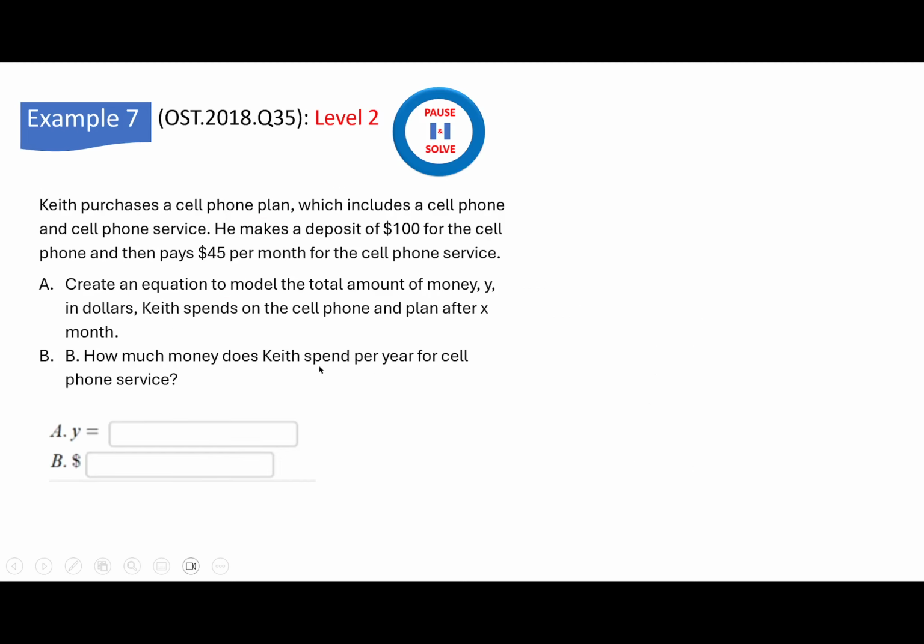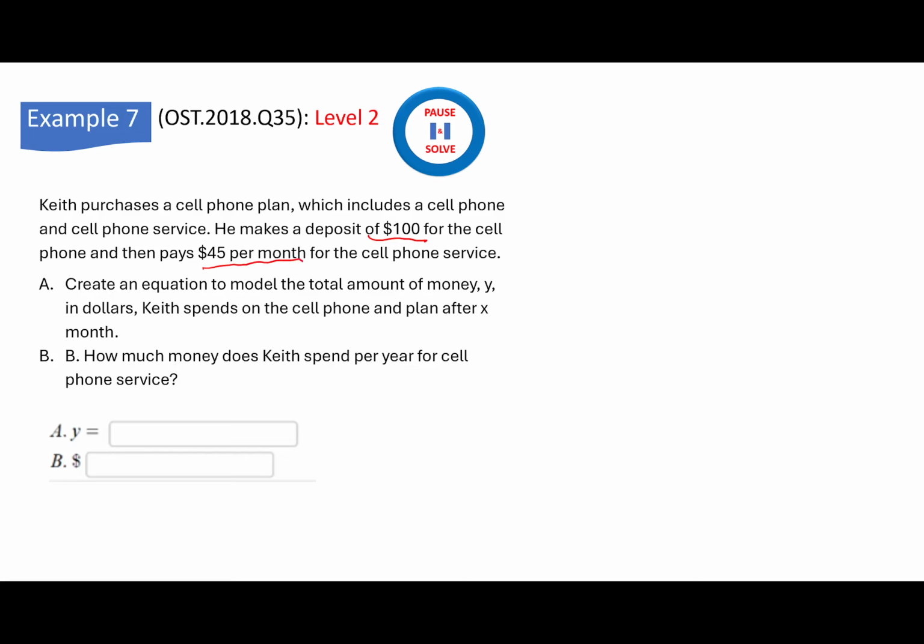Example 7. Keith purchases a cell phone plan which includes a cell phone and cell phone service. He makes a deposit of $100 for the cell phone. That's a fixed amount, and then pays $45 per month for the cell phone service.